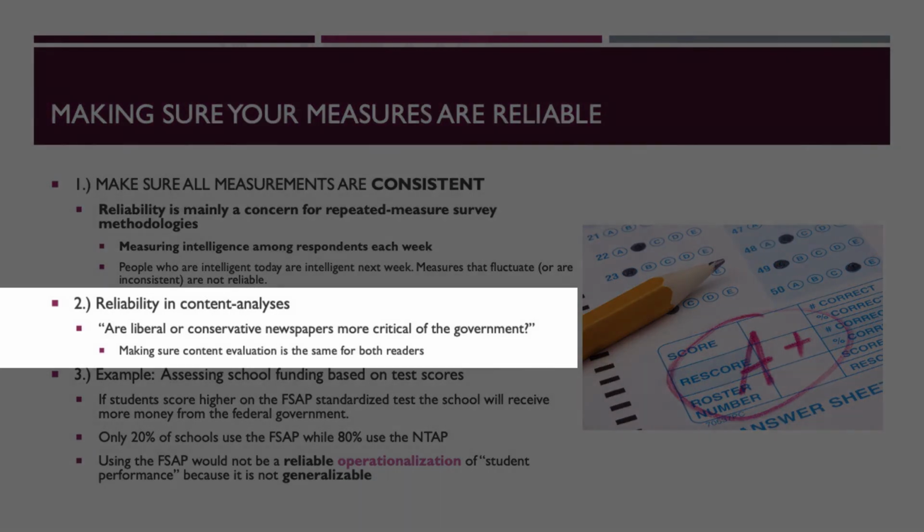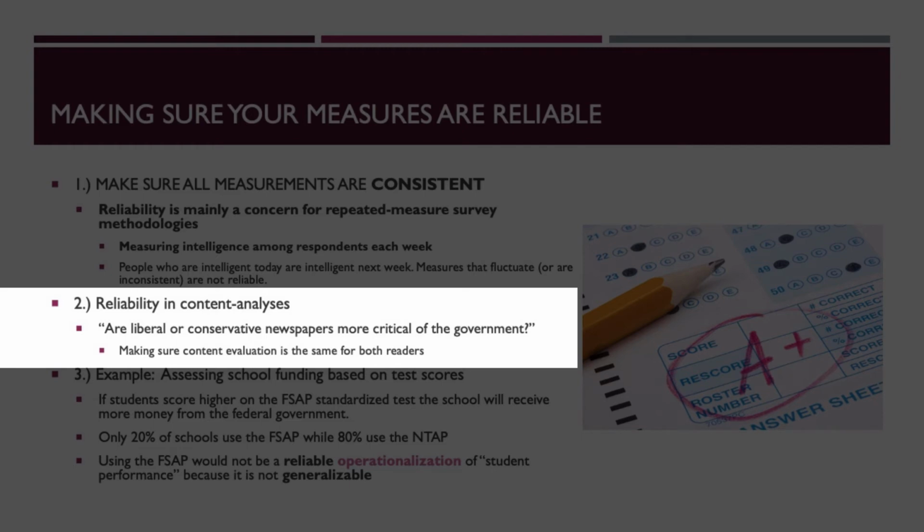Second, something that's generally a little bit more applicable to people who are just beginning in the research process is that we have to consider reliability in content analyses. So let's say that we were interested in examining whether liberal or conservative newspapers are more critical of the government.